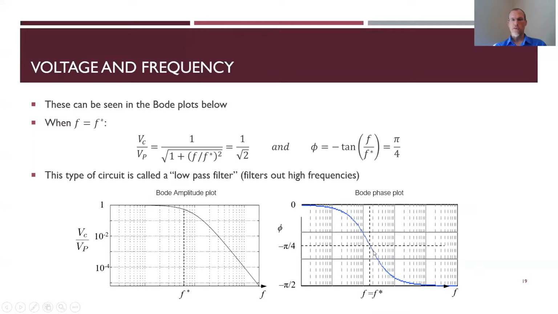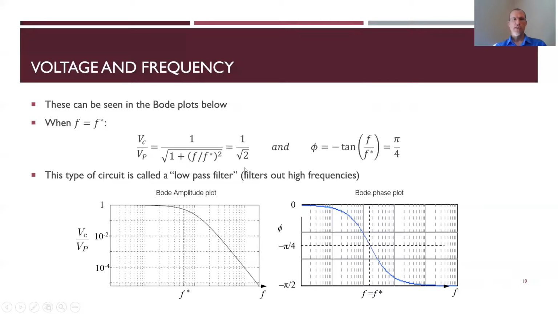Then as I get close to this f star line, it starts to go down, and it's at negative 45 degrees at the characteristic frequency right in the middle, and then starts to go down to negative 90 essentially. If f is exactly equal to f star, the amplitude is reduced by a factor of square root of 2. And as I mentioned, the phase shift is right at 45 degrees.